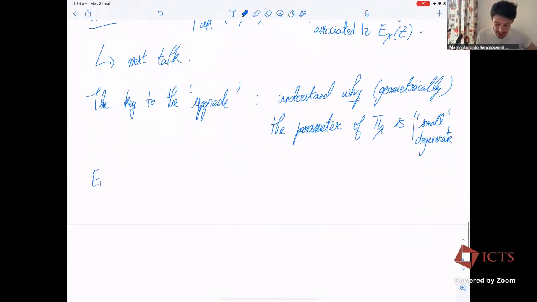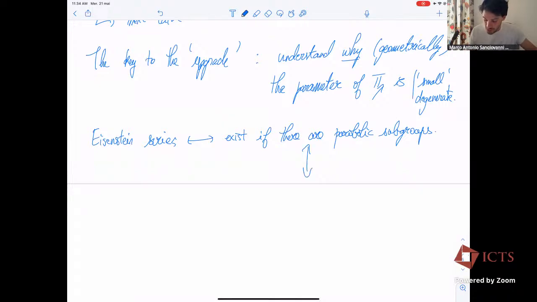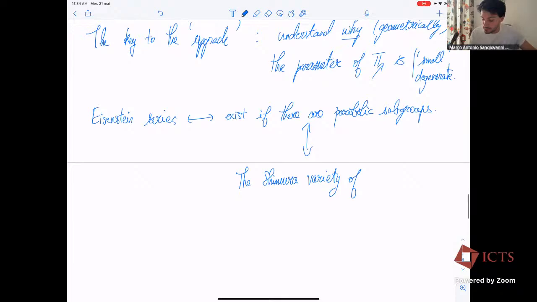So Eisenstein series, in the case of Eisenstein series, of course, they only exist if there are rational parabolic subgroups. So this is closely related, of course, to the fact that the Shimura variety of G, the group where the Eisenstein series live, is non-proper, is non-compact.